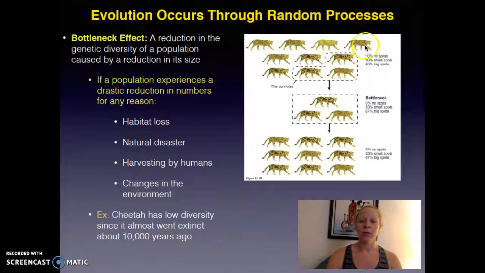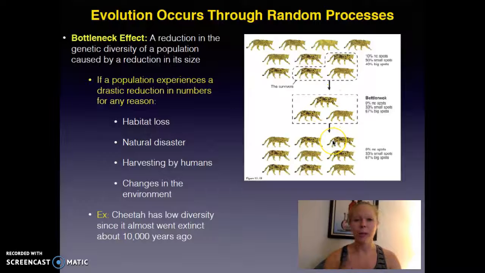If we look at the concept of a bottleneck here, we have spotted cheetahs, no spotted cheetahs, and then large spot cheetahs. If we make our population really small, for some reason these are harvested or they die off or something happens, but our population dies back and we have only 3, well, now we have reduced the amount of genetic diversity.